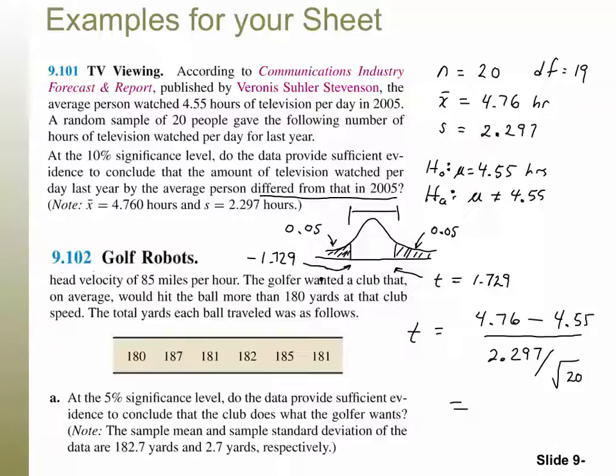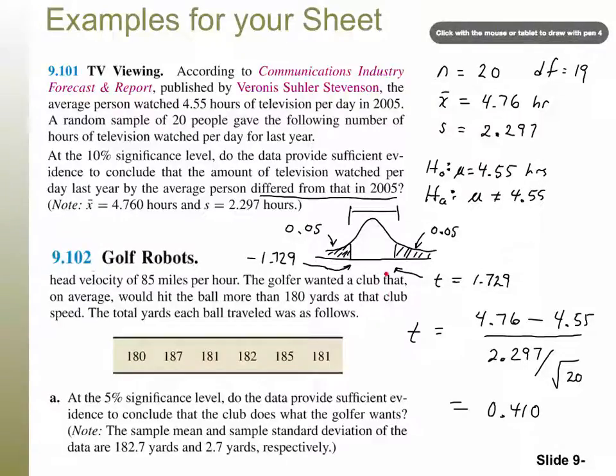As soon as you get that value, shout it out. 0.410. Say it again. 0.410. So the mean of 4.76 gives us a t value of 0.410. And where does that land?